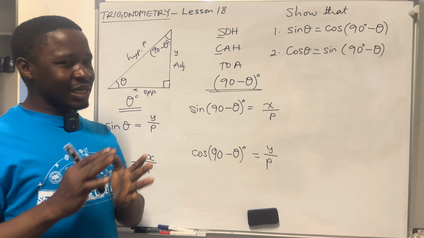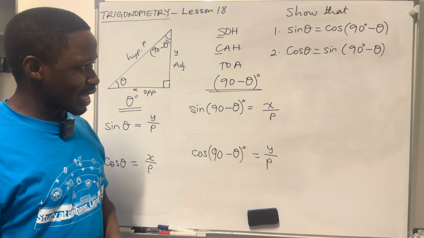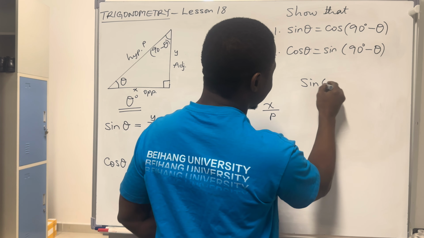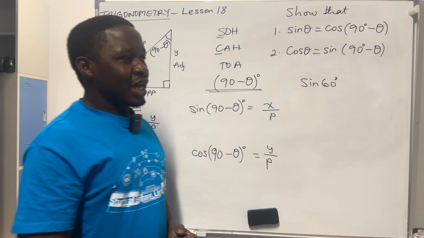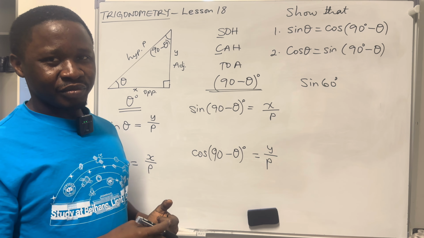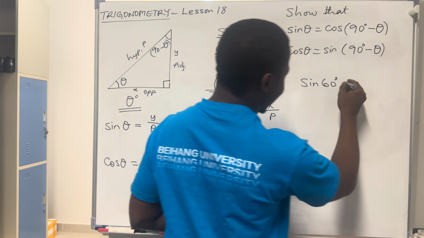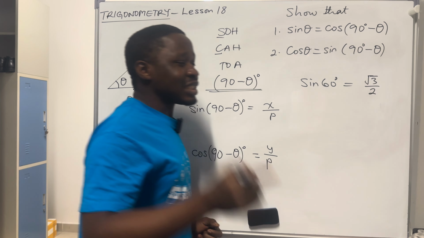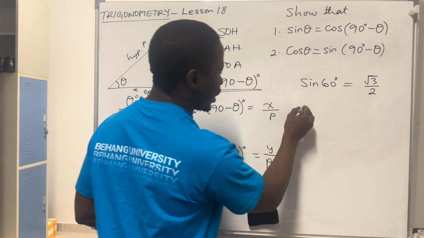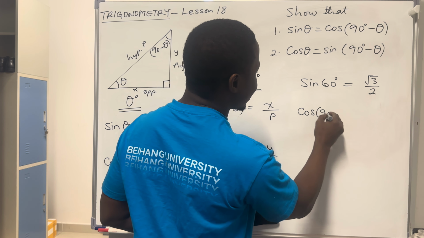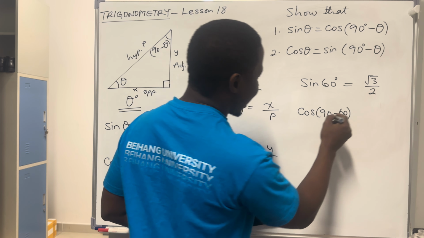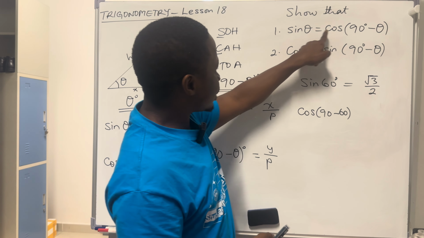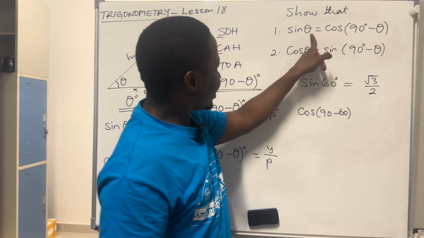So now your exercise is take your scientific calculator and find sine 60 degrees. The result you get for sine 60 degrees, which is root 3 over 2, is the same result you will get if you say cos of 90 minus 60. I want you to understand the concept here. Sine theta is cos of 90 minus theta.